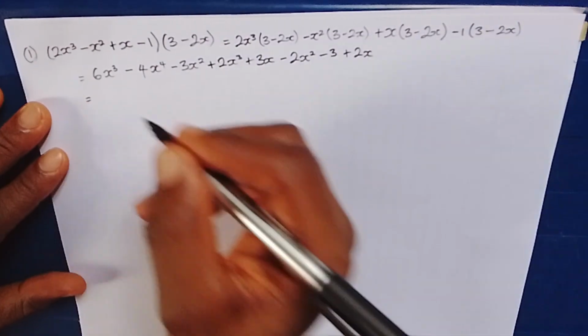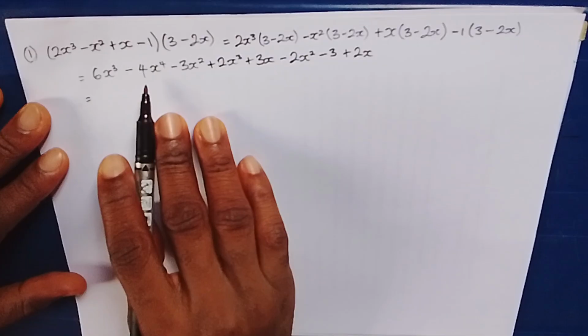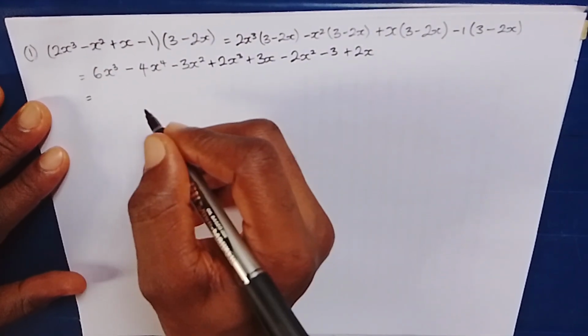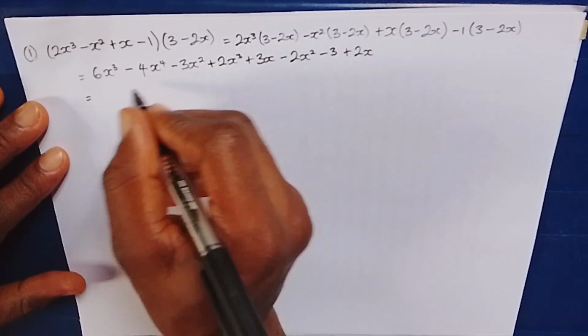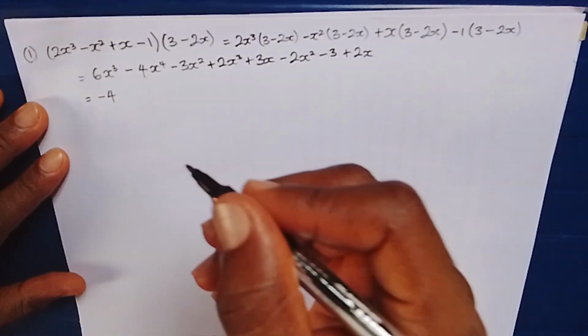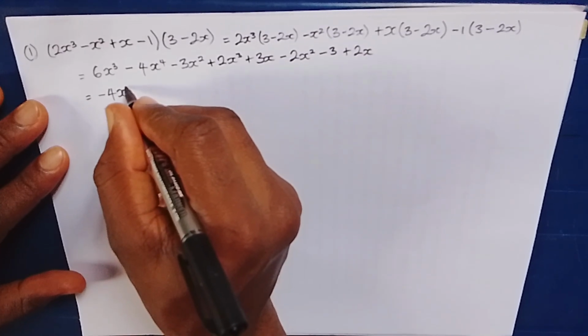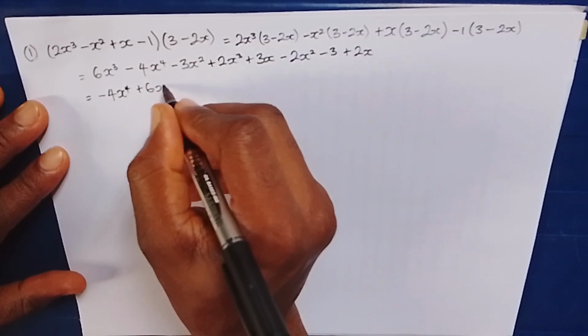So what we do next is we collect like terms. We start from the highest power. We'll place that down first. Remember the standard form of expressing polynomials. So this is minus 4x raised to the power of 4. The next power is plus 6x cubed.